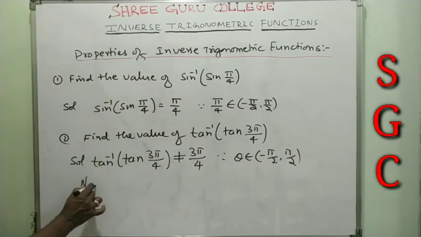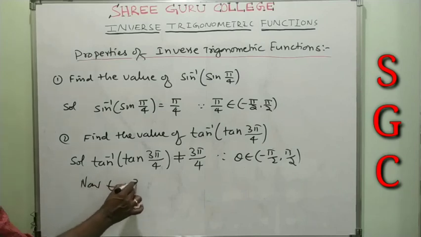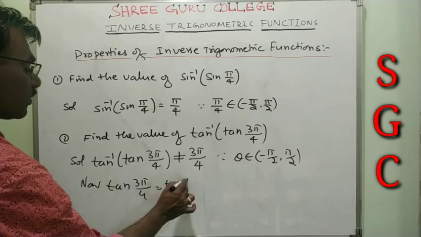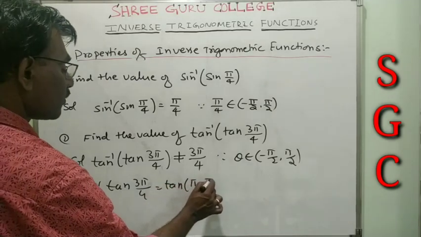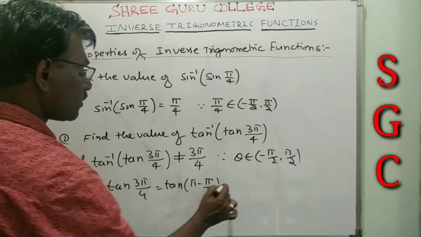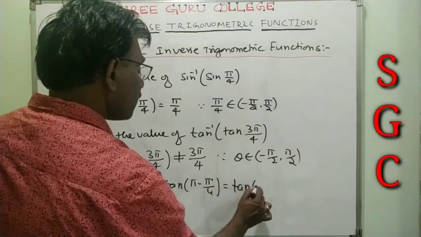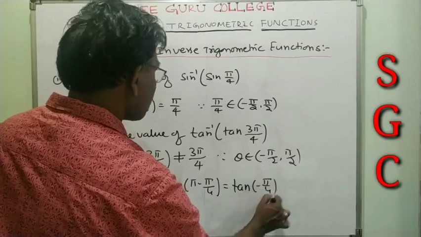Now consider tan 3 pi by 4, tan of second quadrant, pi minus pi by 4, equal to, it is negative in the second quadrant, tan of minus pi by 4.